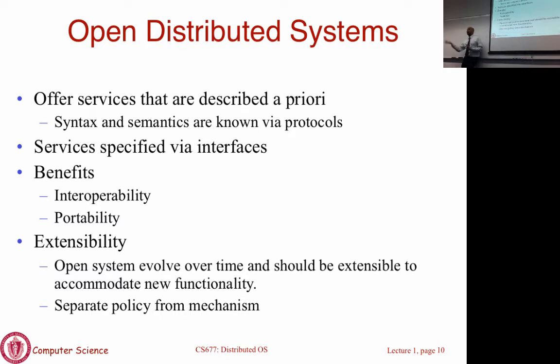You don't explicitly need to be accessing Google Maps in order to use the mapping data or mapping service. So when you have open systems, you can use the interface and the data that the system exposes in other applications, and this interoperability allows you to build richer services and whatnot.